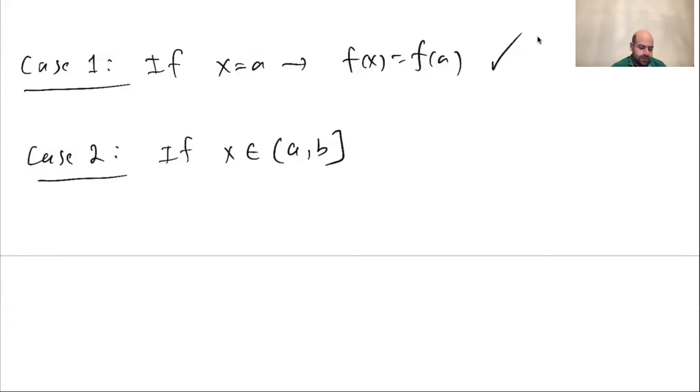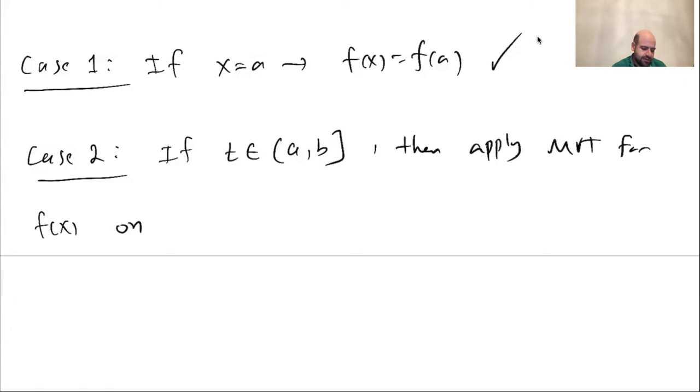Okay, then I want to apply MVT for f of x on the interval, because here I am mentioning f of x. Let me call this one t, maybe.